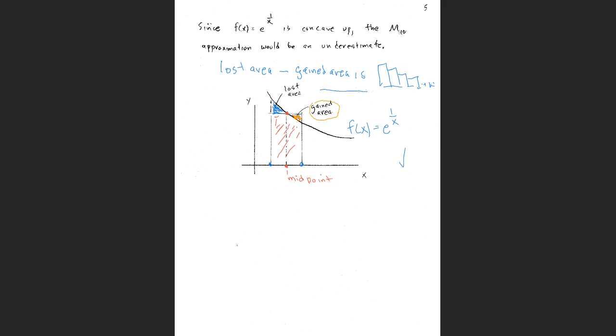Based on this concave up function, the lost area minus the gained area would be negative. In other words, we lost more good area than we gained bad area, and so that's going to cause our approximation to be an underestimate.